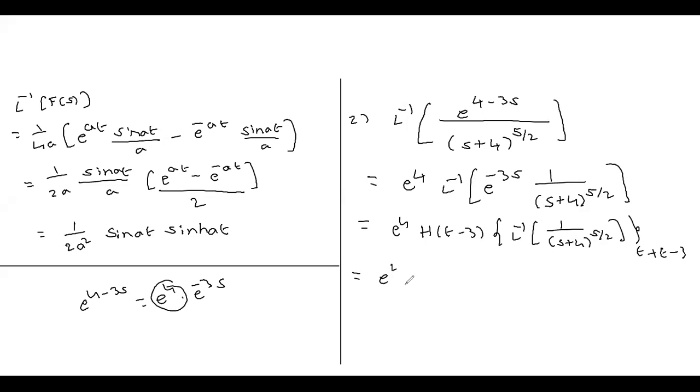H of t minus 3. Am I right? e power minus 4t into L inverse of 1 by s power 5 by 2, replace t with t minus 3.